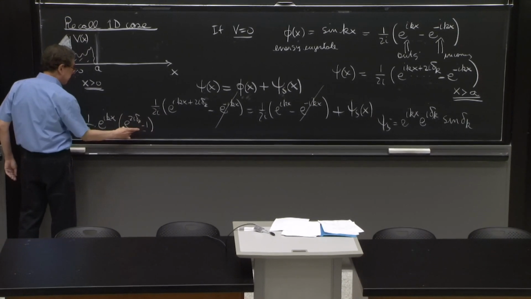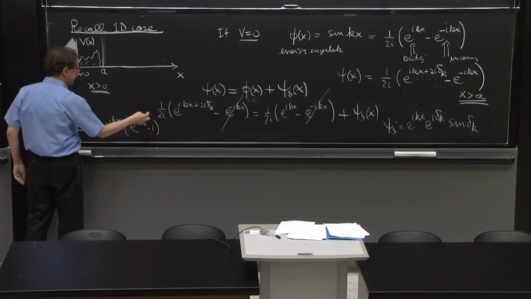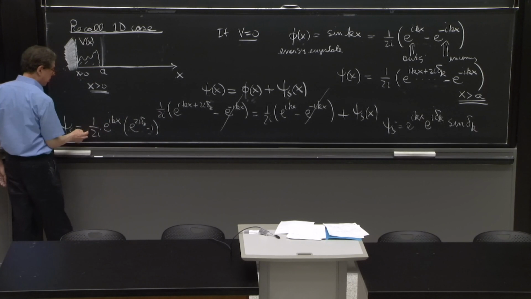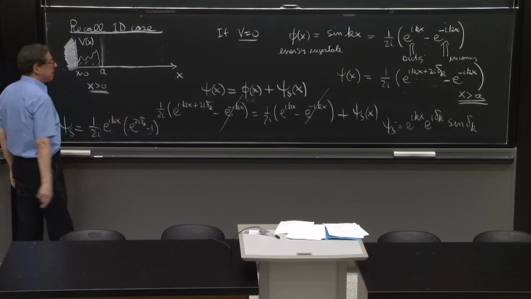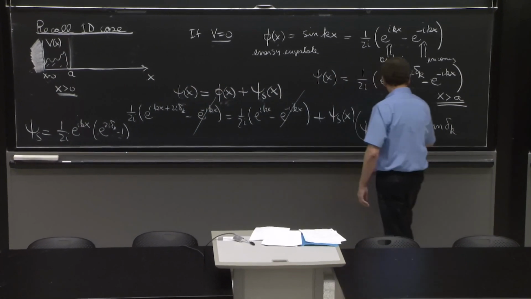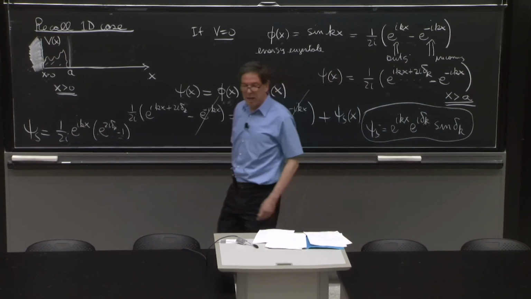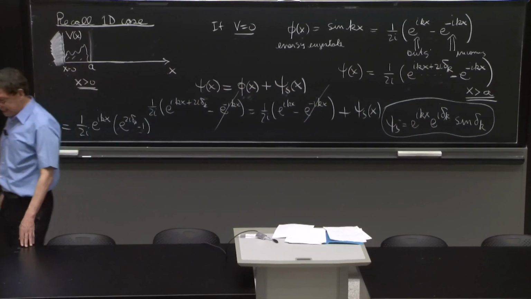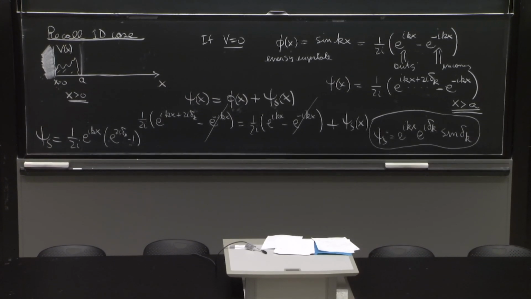So this becomes e to the I delta k minus e to the minus I delta k that form together with the 2I in front a sine of delta k. So this is your outgoing scattered wave. That's the shape of the outgoing scattered wave in terms of the phase shift.